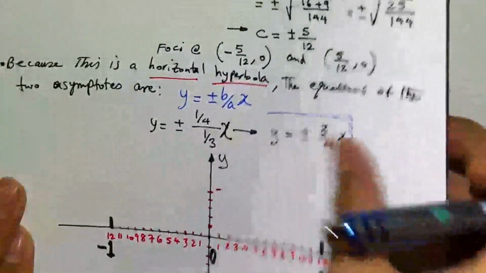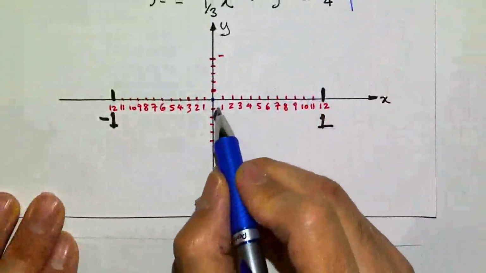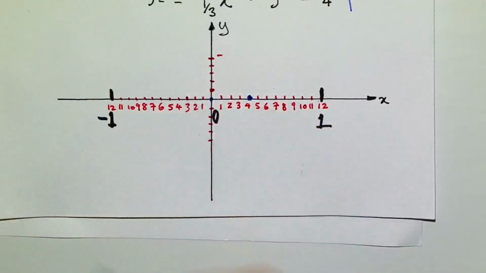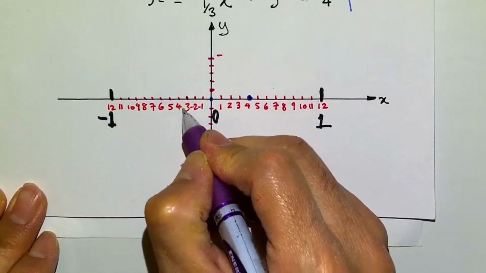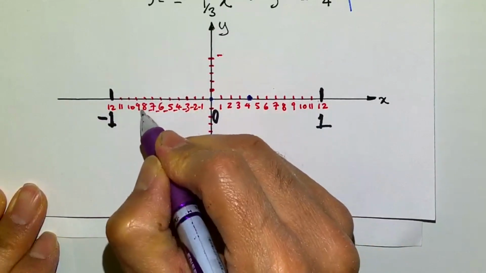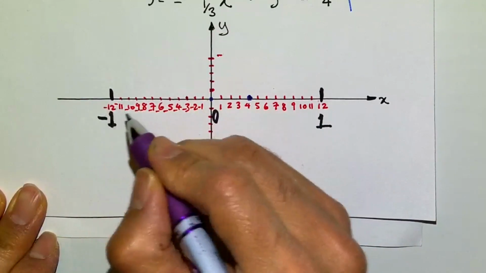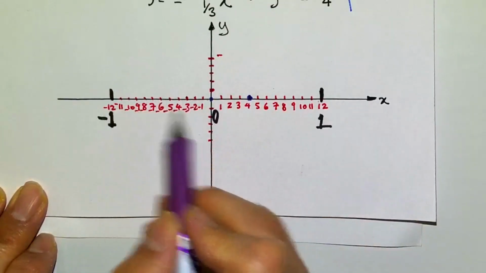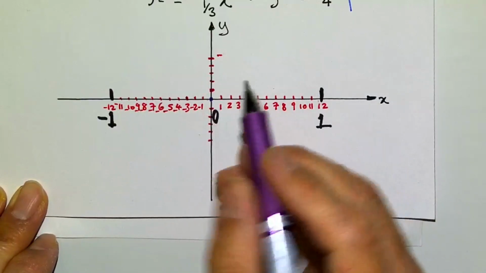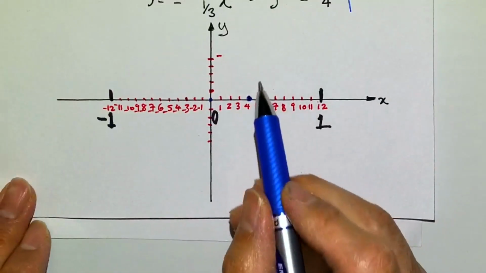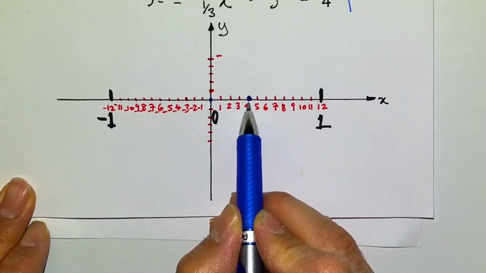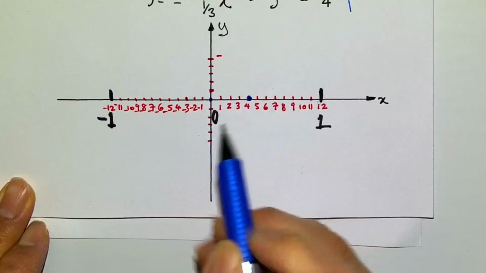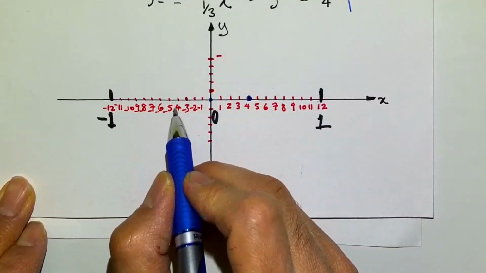So that's where the vertices are. 1, 2, 3, 4. And these are, of course, negative. Like that. But of course, that's 1 increment from here to here divided into 12 sub-increments. And so that's 1/3. The 4 represents 1/3 of the 12 increments. And on this side, we'll do the same thing.